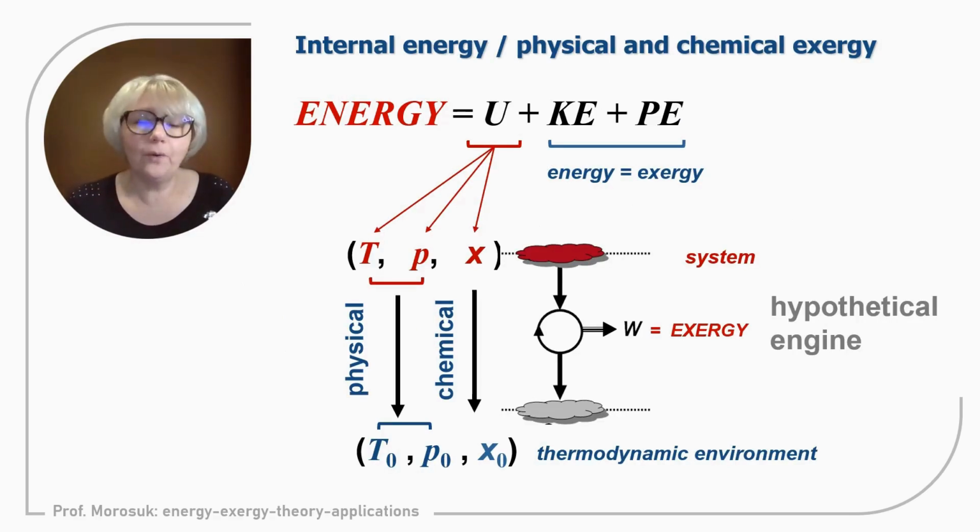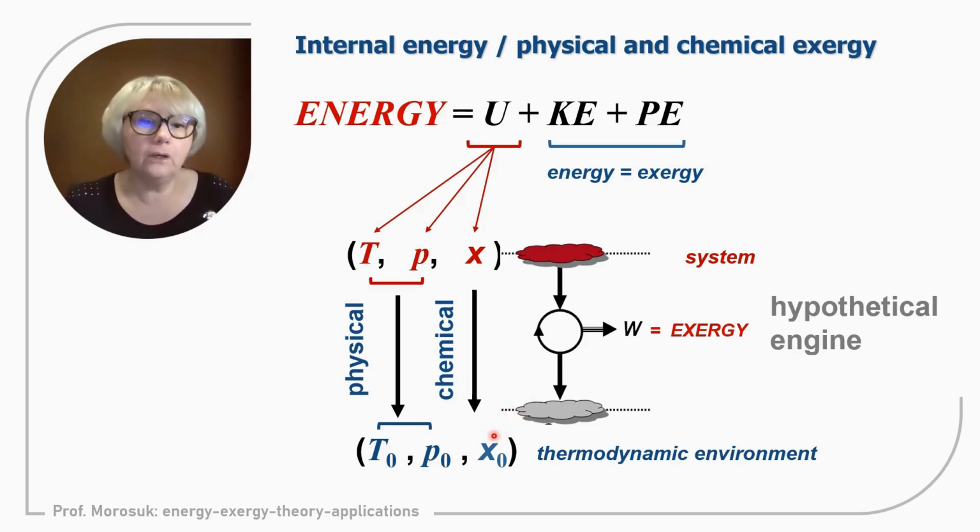Let us continue with the forms of exergy. So energy is internal energy plus kinetic energy plus potential energy. And we just learned that kinetic and potential energy and exergy are the same value and have the same meaning. But internal energy has no term in exergy. This term for exergy is physical and chemical exergy.